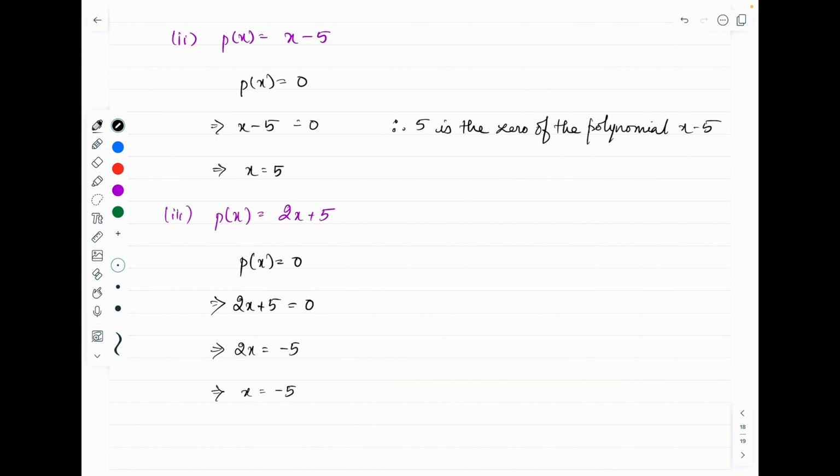So x equals what? Minus 5 by 2. So from here we are getting that minus 5 by 2 is the zero of the polynomial 2x plus 5.